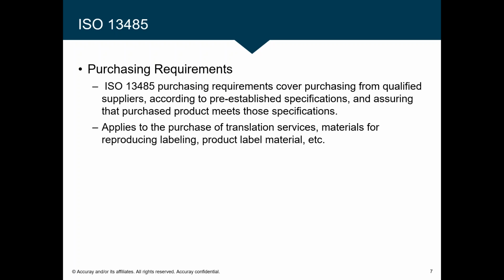And this has been extended to translation services, materials for producing labeling, product labeling material, etc. So this is one of the reasons why in some cases you need to have multiple translation suppliers, for example, to provide you translation services when you're creating labels.